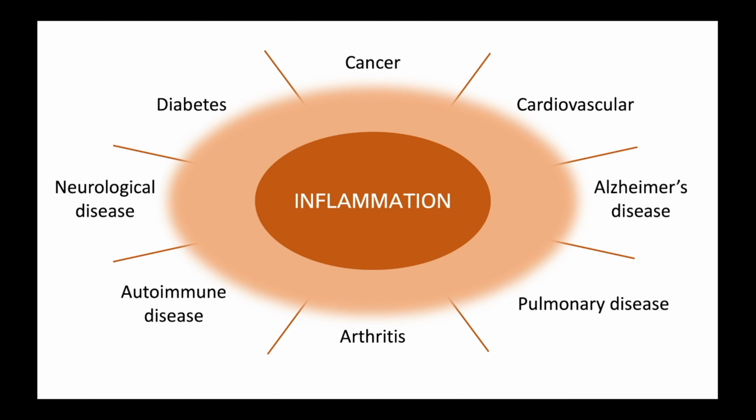To revisit this diagram from earlier in the lecture, inflammation can play a role in all of these different pathologies, so it can impact on pretty much every system in the body with devastating and debilitating consequences.